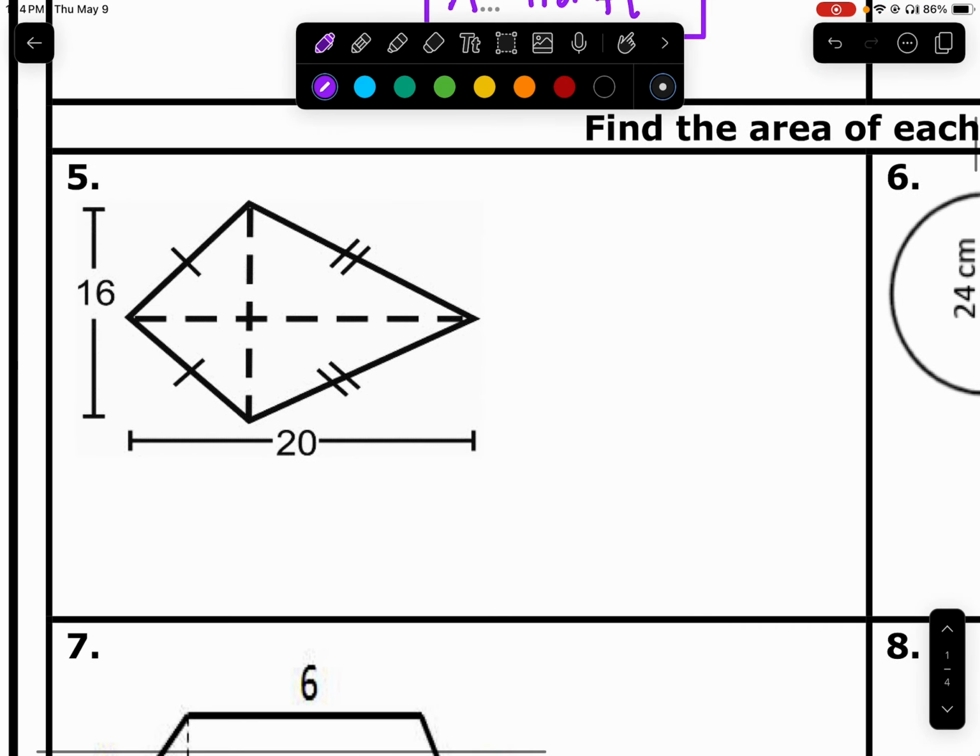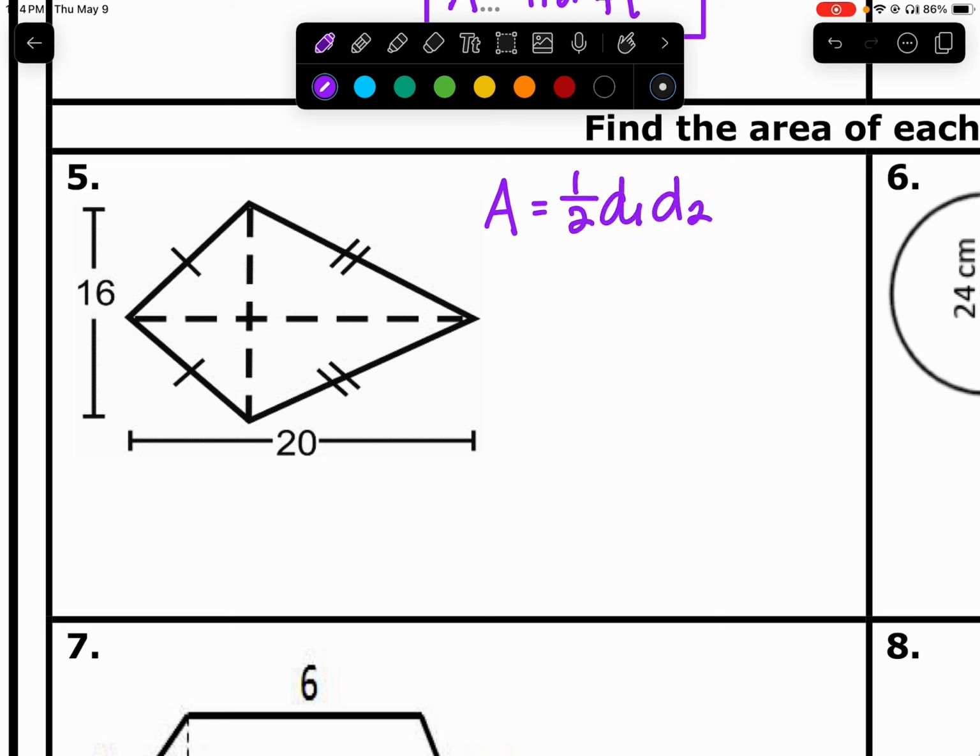Number 5, find the area. So first, identify what kind of shape this is. Now we're going to find the formula for area. This is a kite, and the area formula is the same as rhombus. So 1/2.